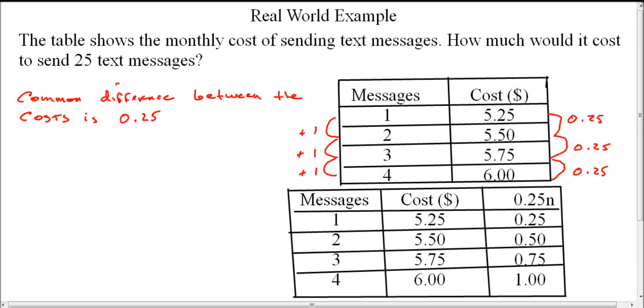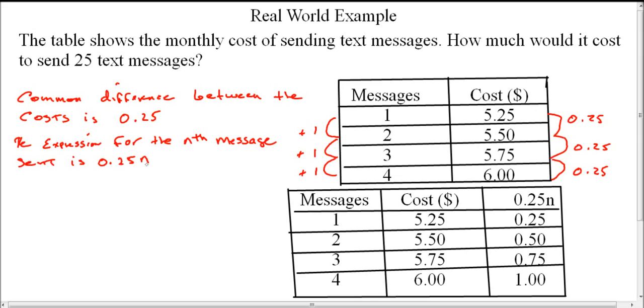0.25. What this simply implies is that the expression for the nth message sent is 0.25n.